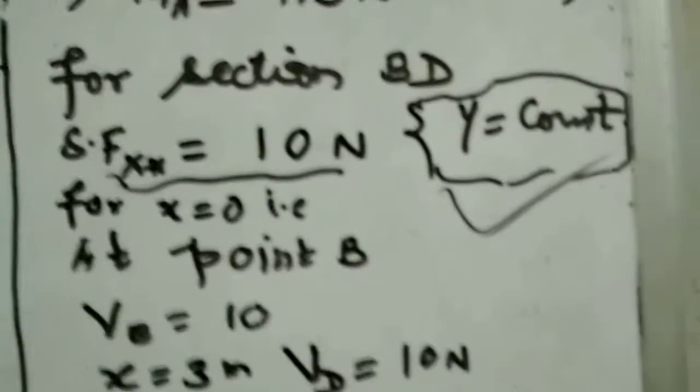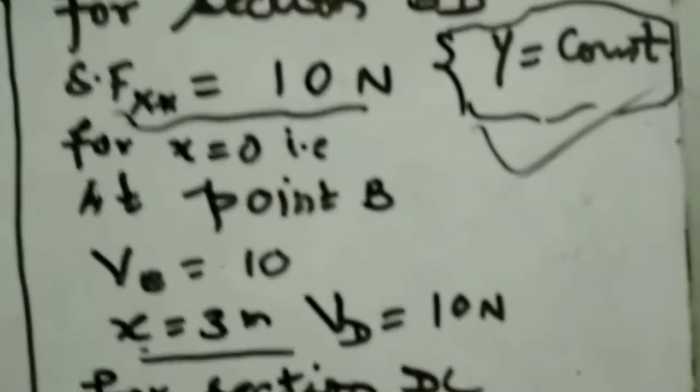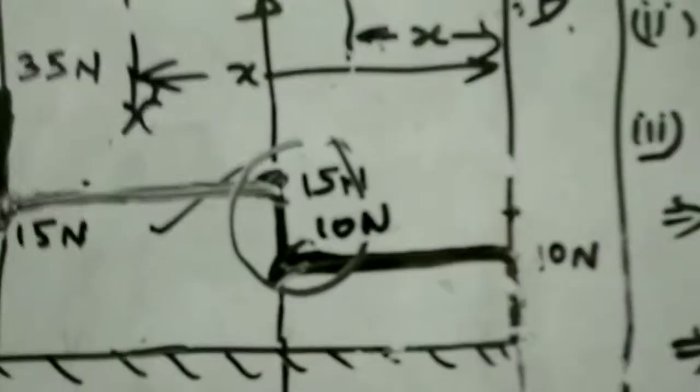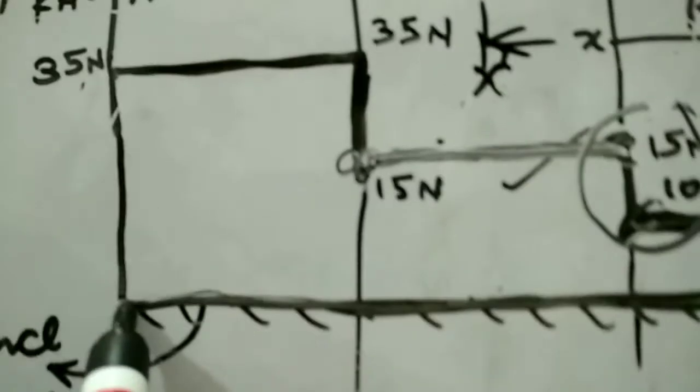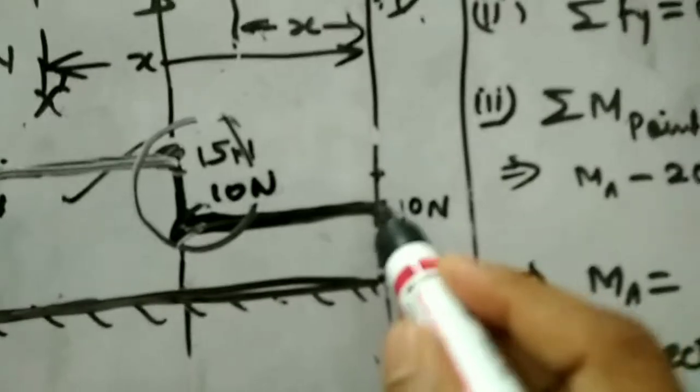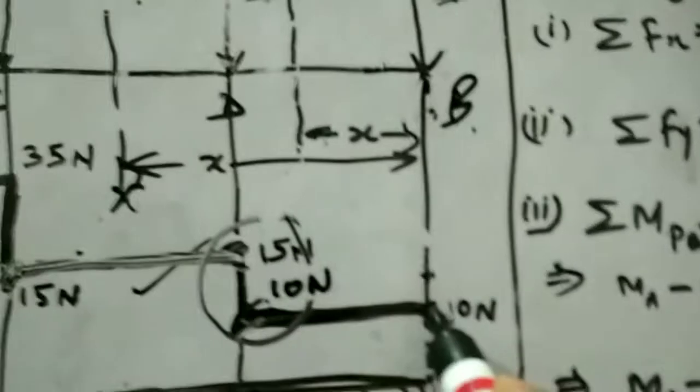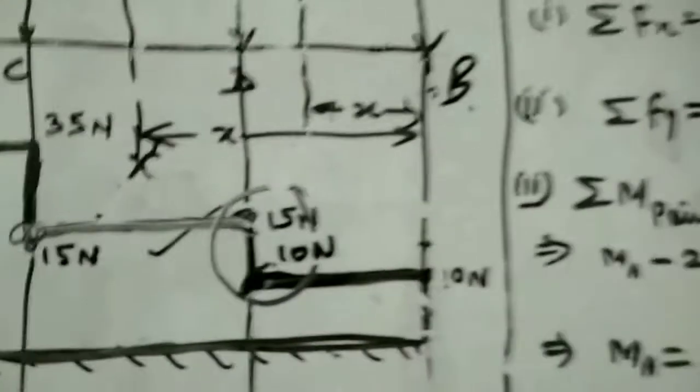So first we plot or represent the shear force at point B and then at point D. For that purpose, we have to draw a reference line. This is the reference line for the shear force diagram. This is the value of shear force at point B and at point D.